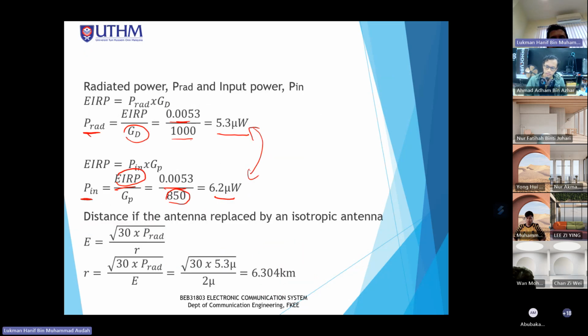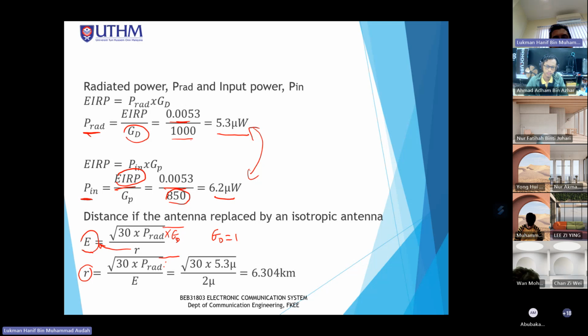In order to find the distance, we can use the E field equations and solve for the R parameter. So R is equal to the square root of 30 times P radiation times GD, and GD is equal to 1.